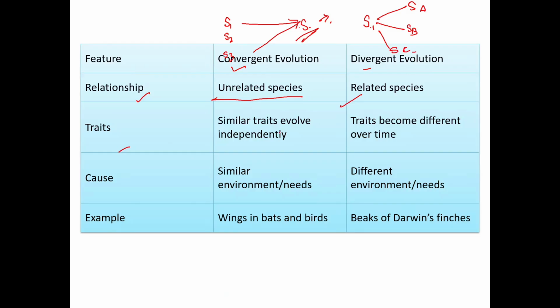Now, traits. In convergent, similar traits evolve independently. In divergent, traits become different over time, because of similar environmental need versus different environmental need. Example: wings in bats and birds are an example of convergent evolution, and the beak of Darwin finches is an example of divergent evolution.